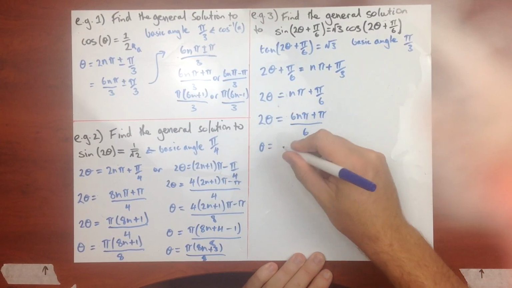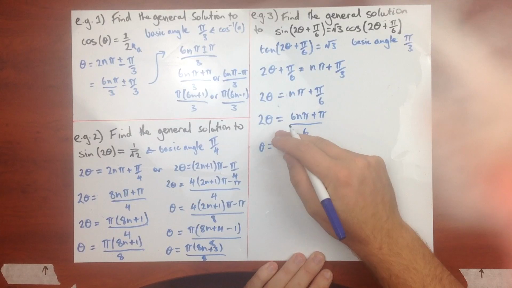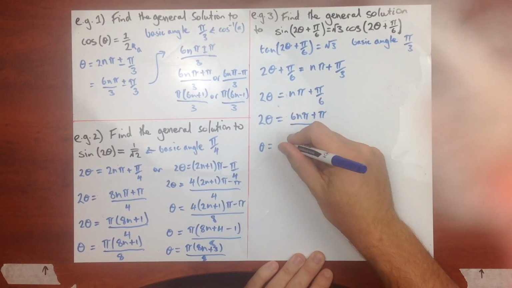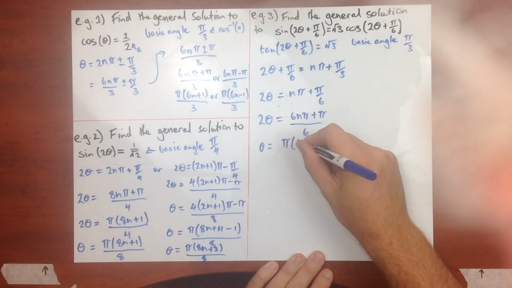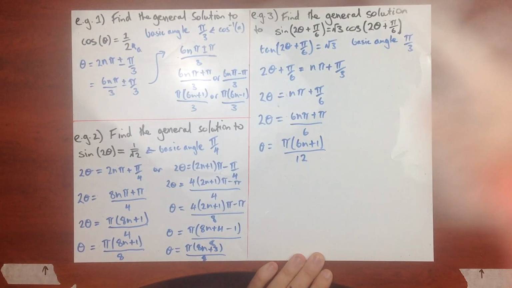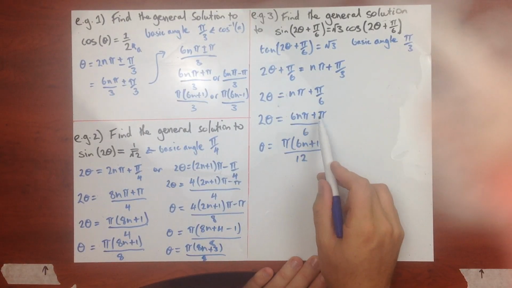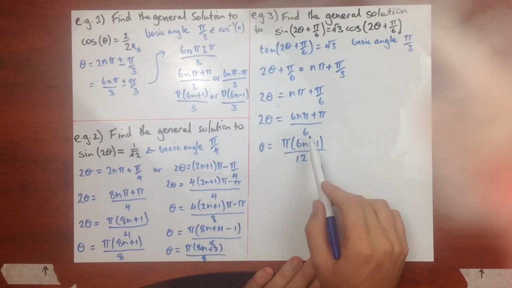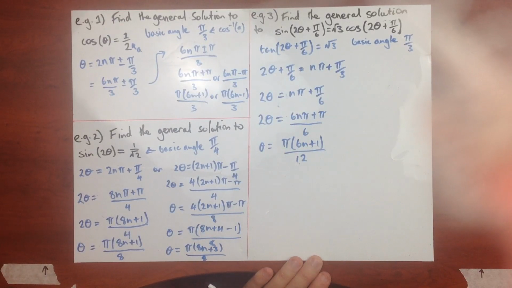So theta equals pi outside of 6n plus 1 on 12. We're just taking the pi out as a common factor, and divided by our 2 as well to give us 12 on the bottom.